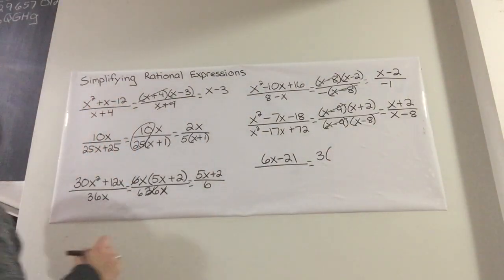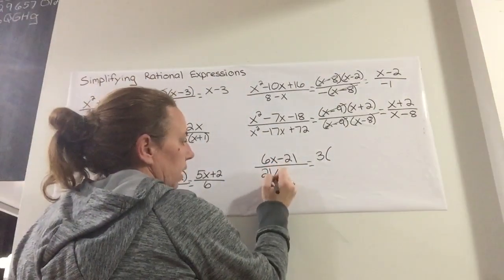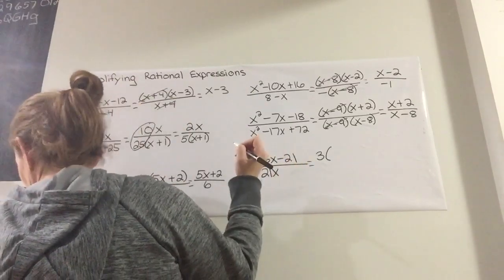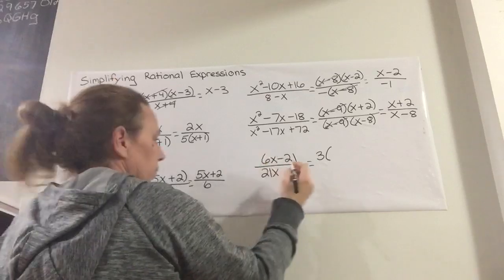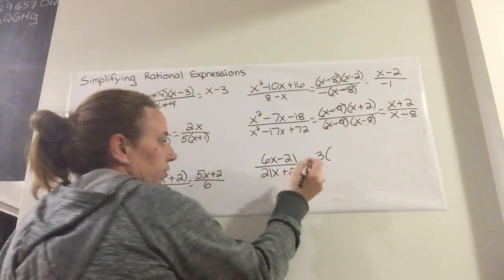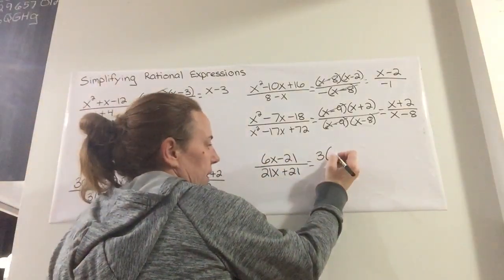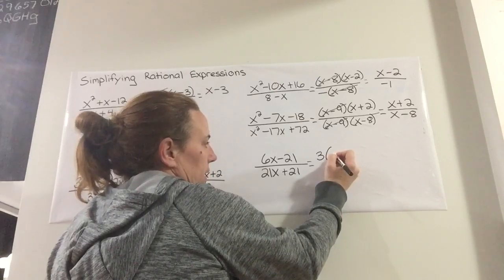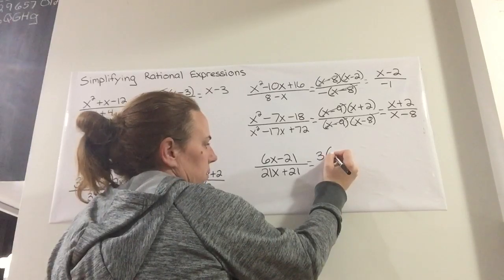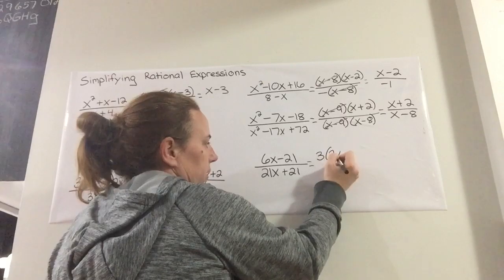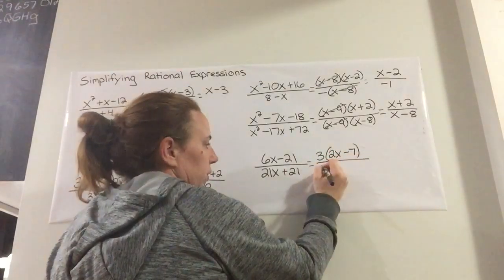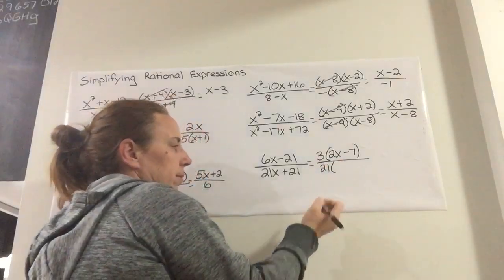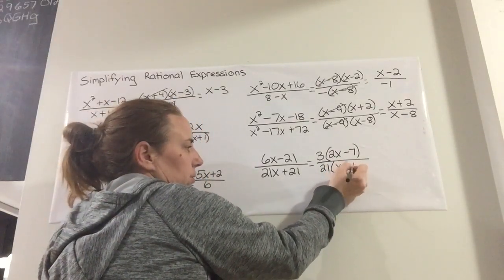The bottom should be 21x plus 21. Okay, so we are going to take out a 3 on the top. And I am left with 2x minus 7. And on the bottom, I'm going to take out a 21. So I am left with x plus 1.